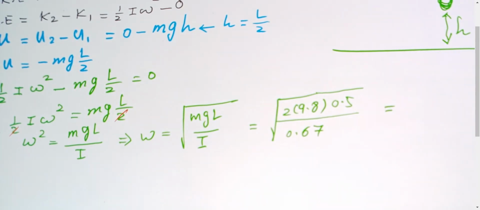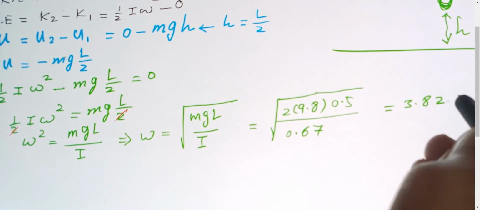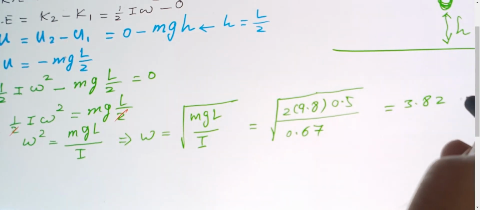And what's this value? Use your calculator. 3.82 radians per second.